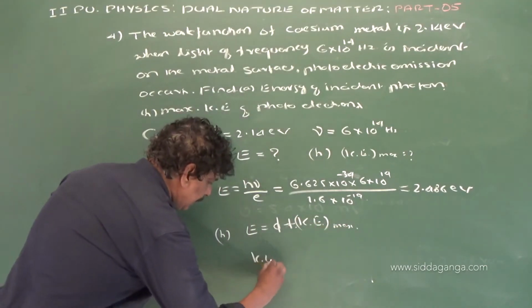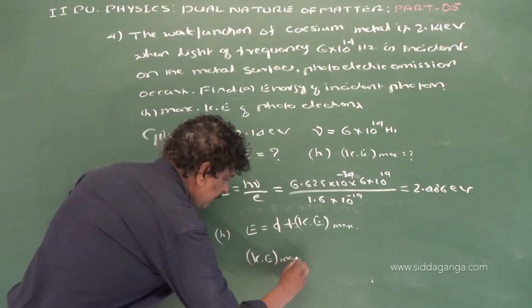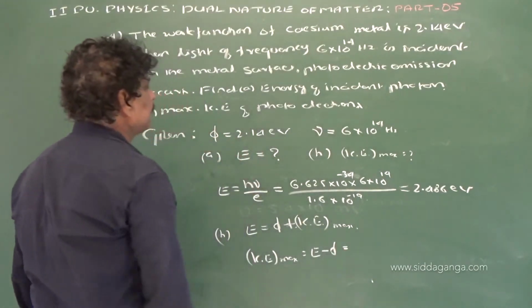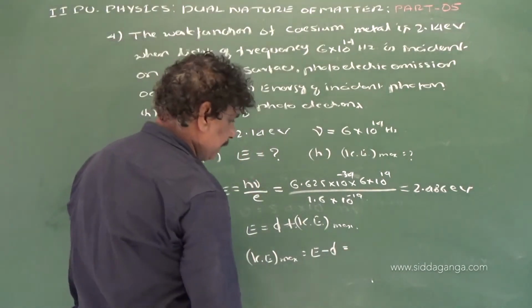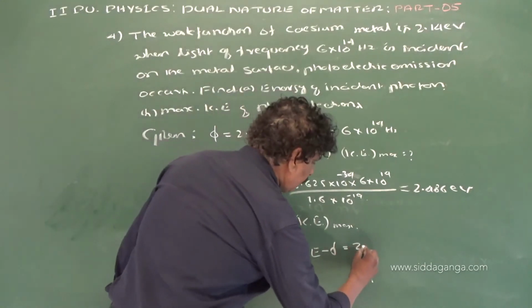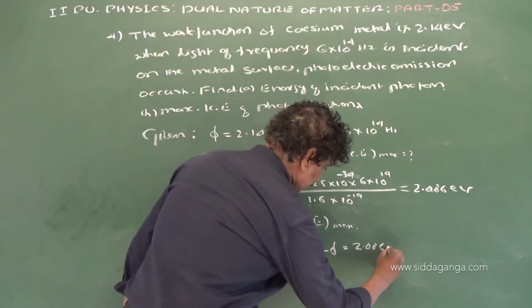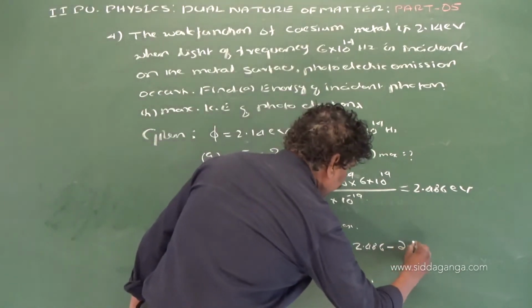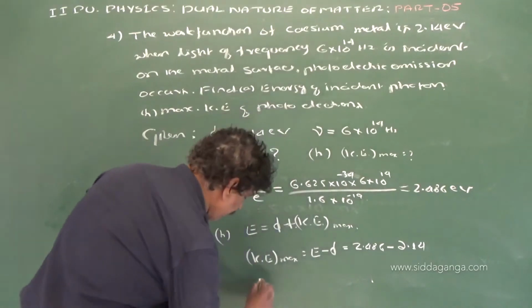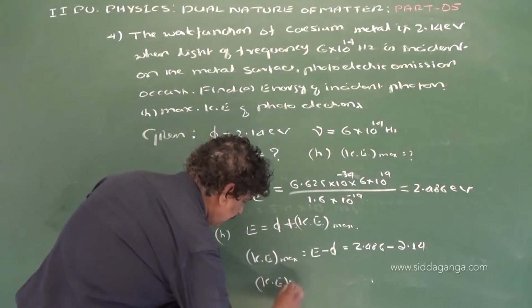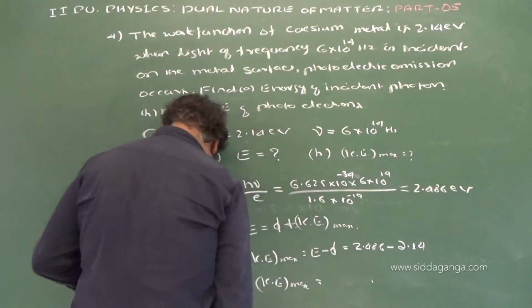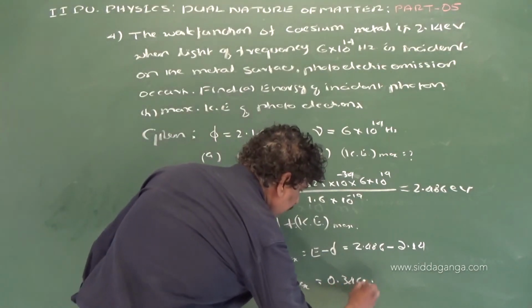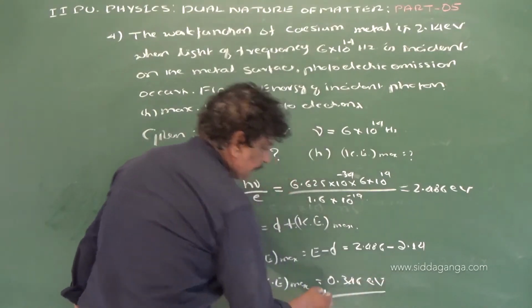Therefore kinetic energy maximum is equal to E minus phi, that is 2.486 minus 2.14, so kinetic energy maximum comes out to be 0.346 eV.